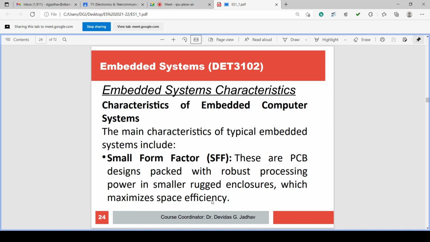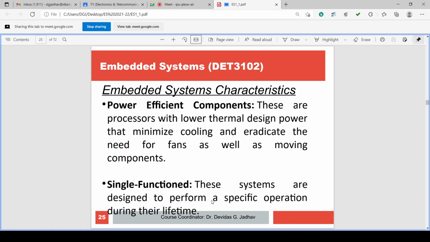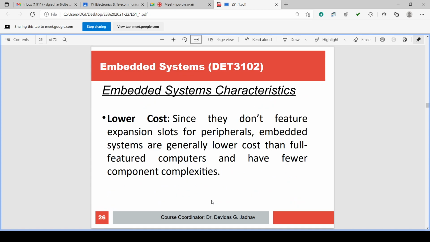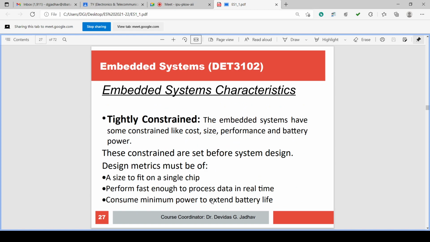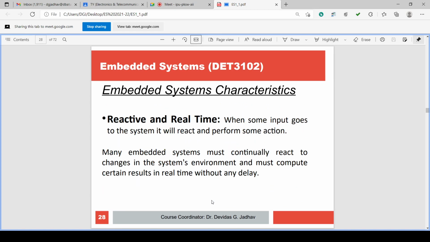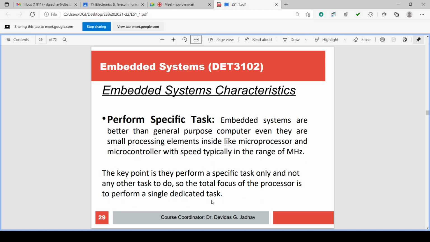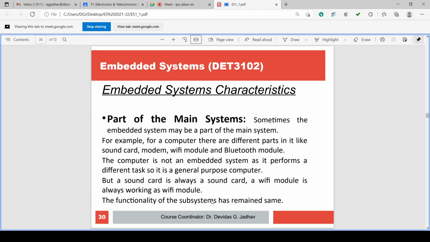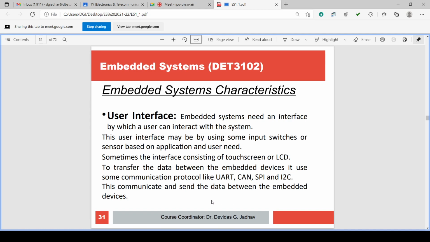The characteristics we have also seen: small form factor, low power components, lower cost, recursive, reactive, real-time, performs specific tasks, part of the main system.